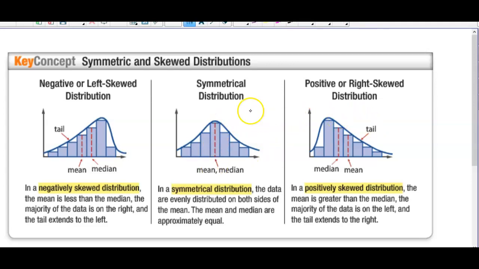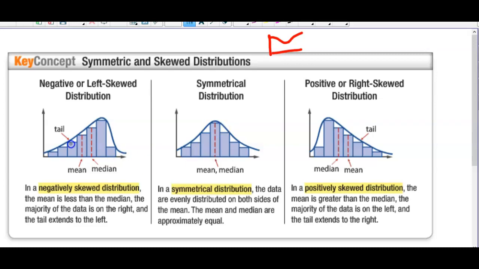Symmetric could even mean that it went like this, meaning that somehow there's some kind of symmetry, but this is the most common symmetry. This would be like a bell curve shape. The mode is always the tallest bar here, the most often occurring data point. So the mode is the same as the mean and median if it's perfectly symmetric. But if the mode, mean, and median are close, we still call it symmetric, okay?